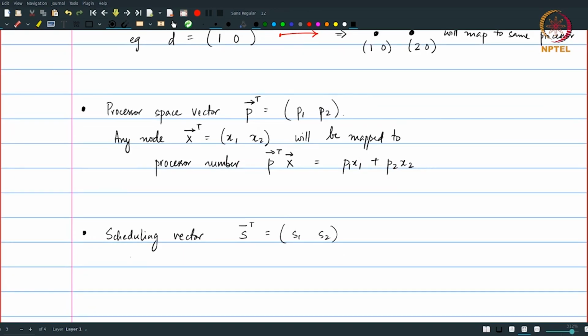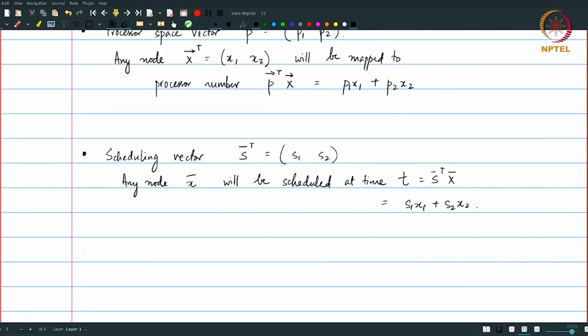And all that this says is any node X will be scheduled at the time T equal to S transpose X, which is equal to S1 x1 plus S2 x2.